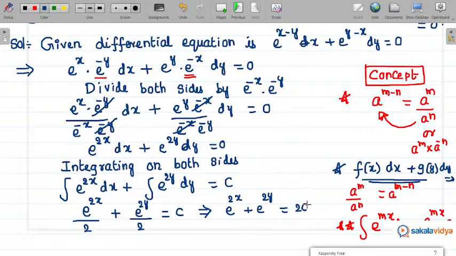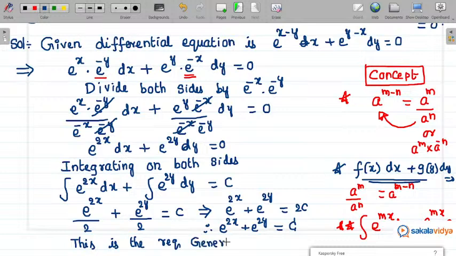Instead of 2c, simply you can put c, no problem. So we can write e power 2x plus e power 2y is equal to c. So this is the required general solution.